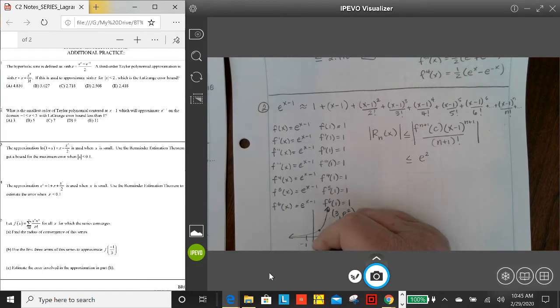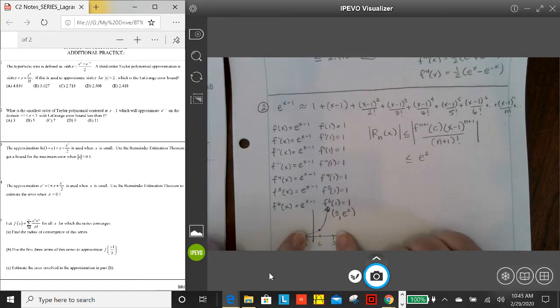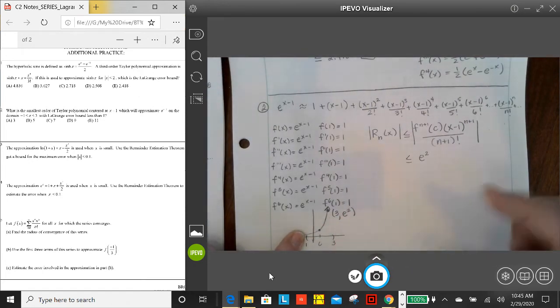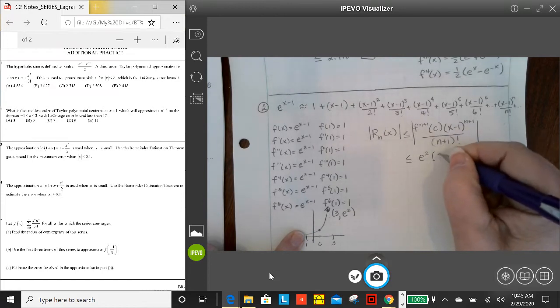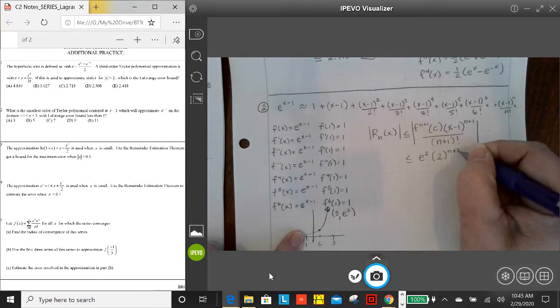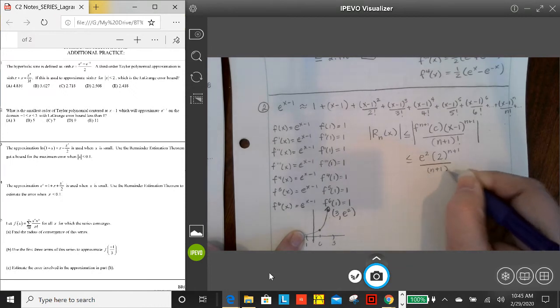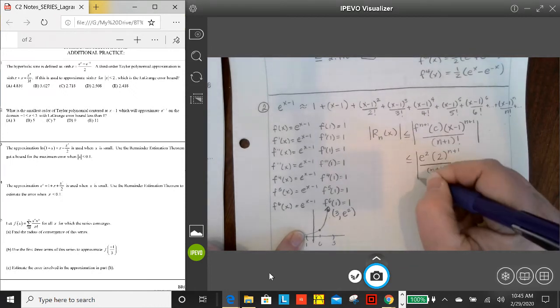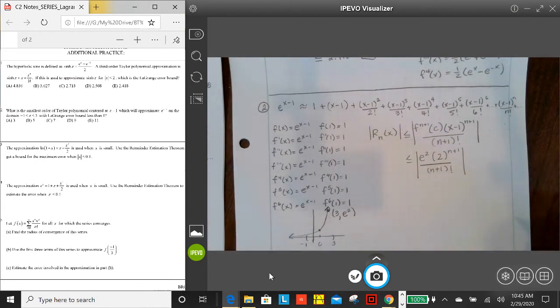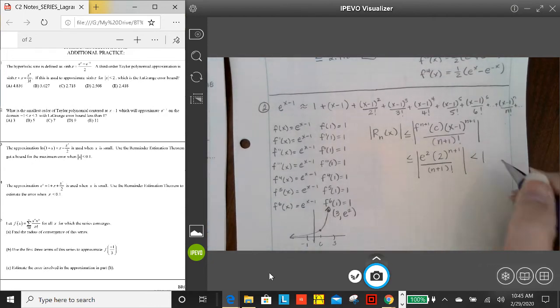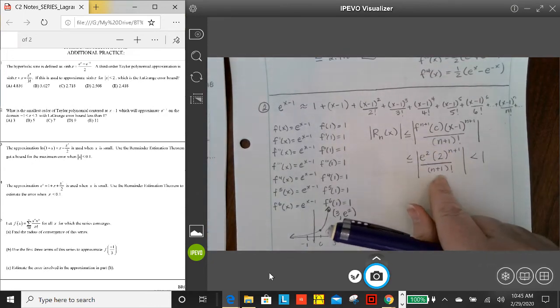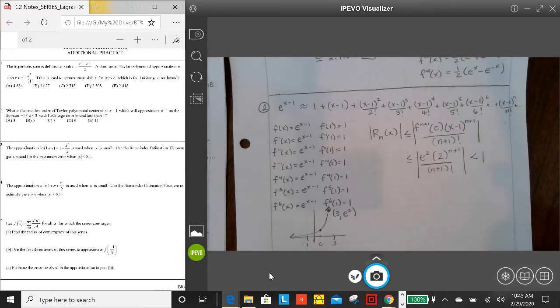Well, that's going to be 2. So the worst case for the error is going to be 2 away. So this is going to be 2 to the n plus 1 over n plus 1 factorial, because I don't know what n is, because I want to find out when the error will be less than 1. So I'm trying to find out when this expression is going to be less than 1.